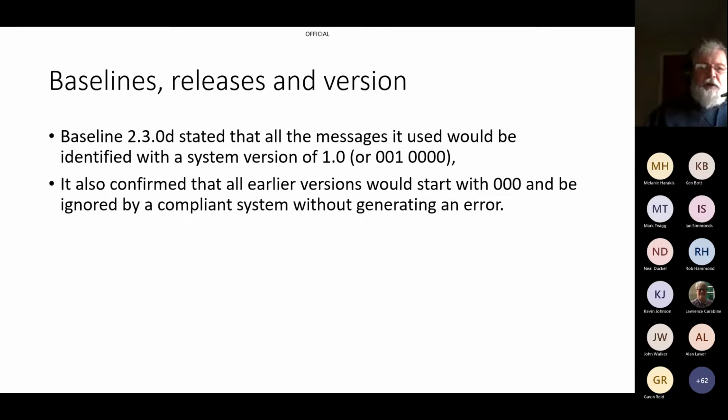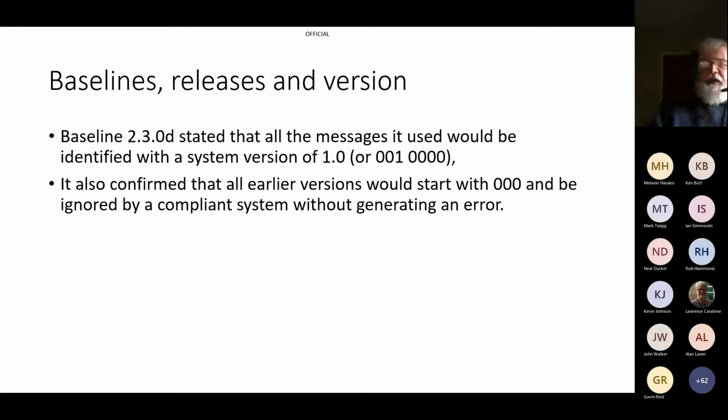It was also confirmed that all earlier deployments of ETCS, earlier versions, started with 000. And so they could then put a requirement in that a compliant 230D system would ignore any messages identified as X equals 0 as predating the system, and therefore they could be ignored and no error would be generated.